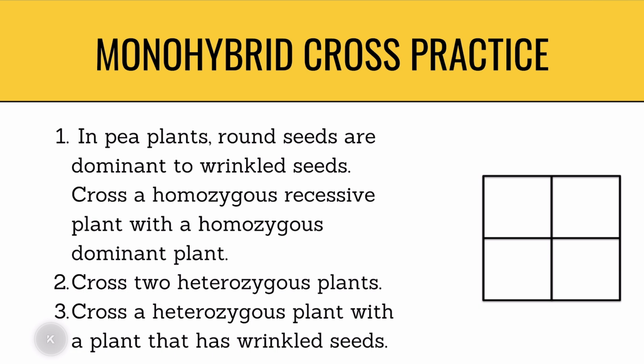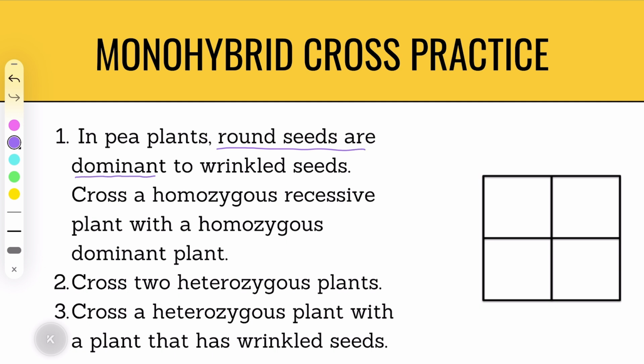So let's talk about how to work through a monohybrid cross. Whenever you have these, a lot of times they're going to be word problems. They can either be complex word problems or non-complex word problems. These ones are pretty straightforward as long as you have your vocabulary down. So in pea plants, round seeds are dominant.